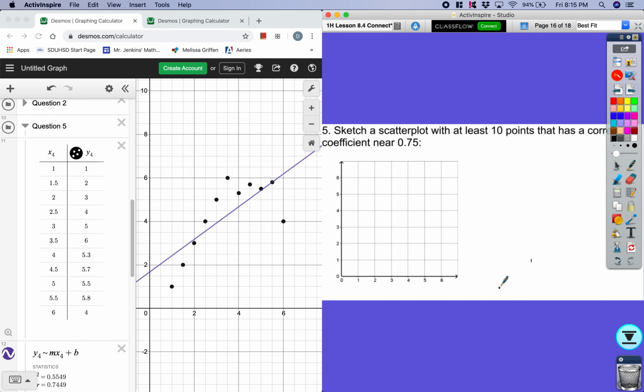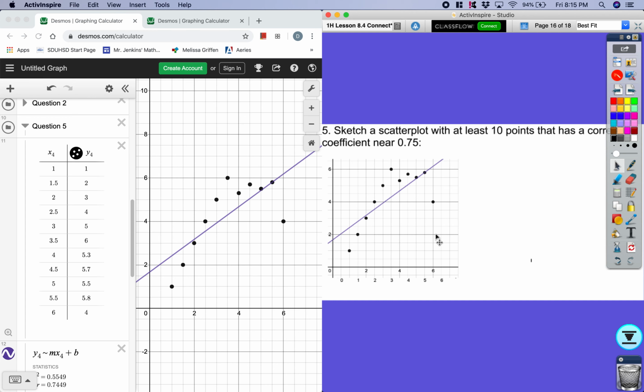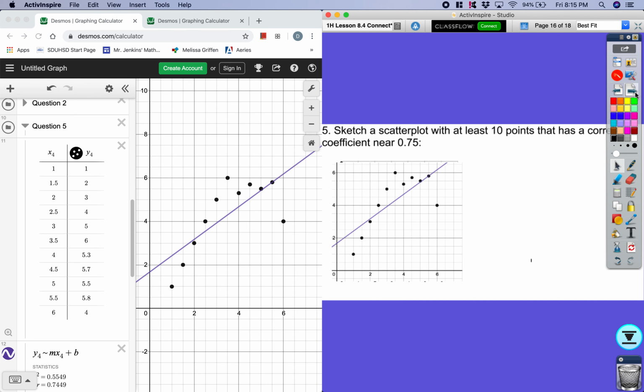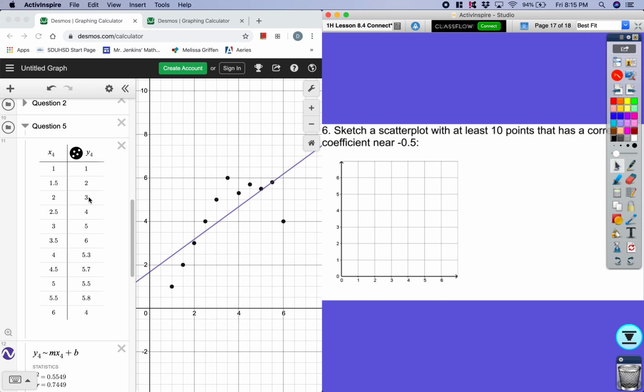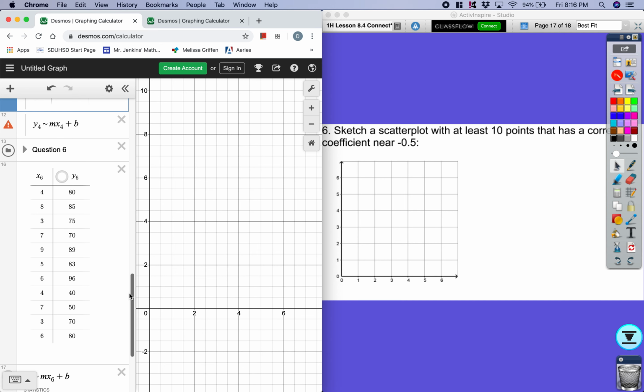So when I do that, I can have this be my data right there. Okay. And we can do the same thing now with a -5. So now if I want these to go downwards, I want to have an inverse effect. And I want to have a moderate relationship. I don't want to have it super strong like that last one.